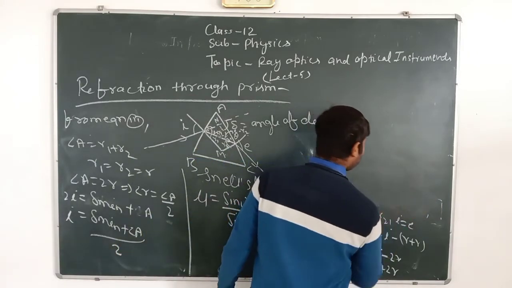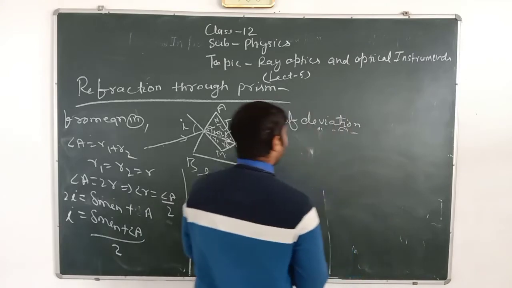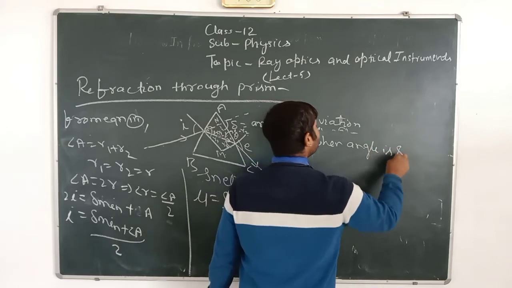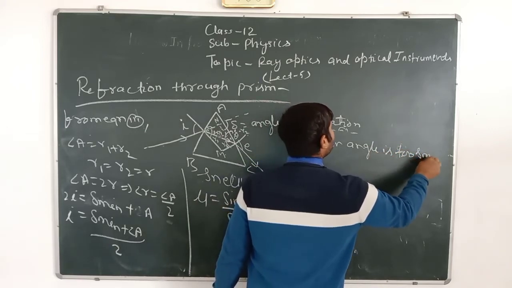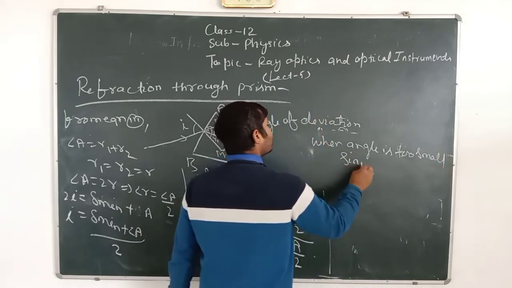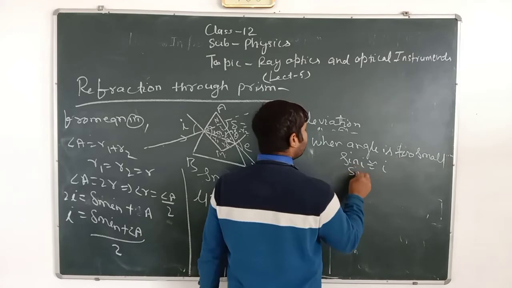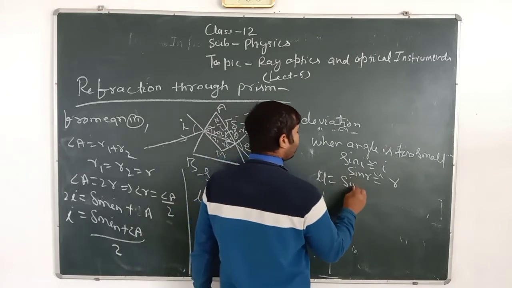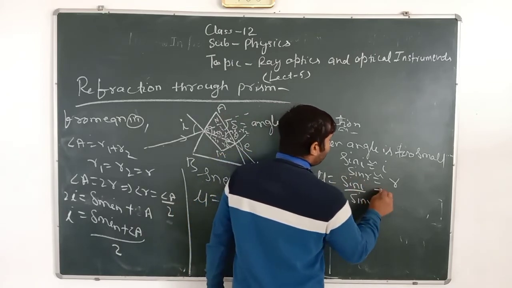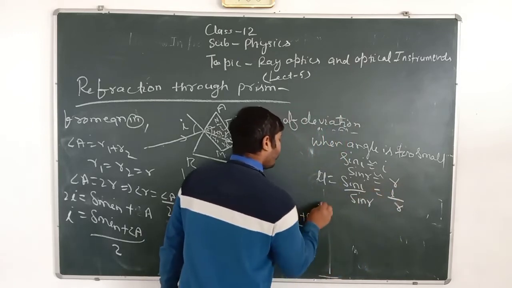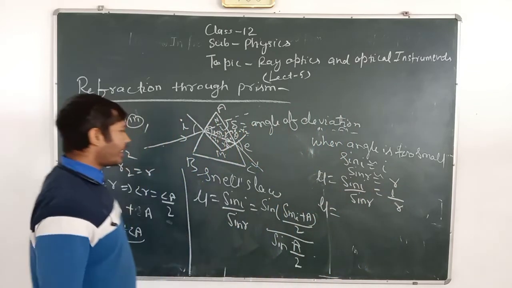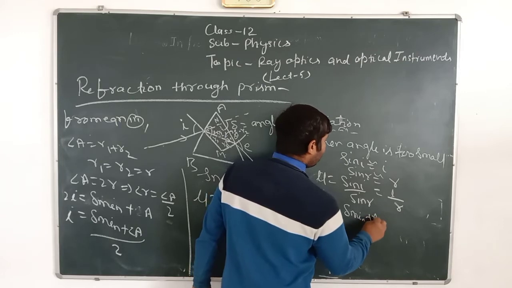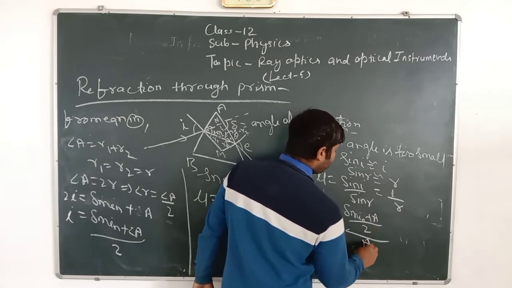So in this case, when the angle is too small, sin I will be equal to angle I and sin R will be equal to R. So mu will be equal to sin I upon sin R, or I upon R. So from here, mu will be equal to, I am keeping the value of I, delta minimum plus A by 2, upon A by 2.